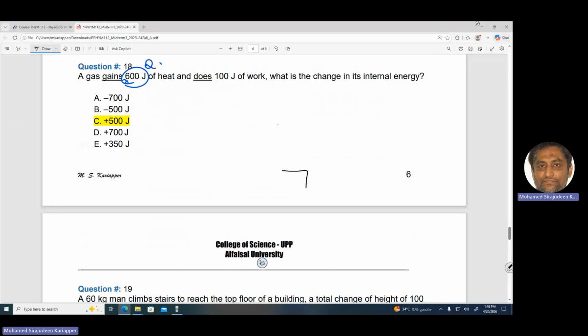And the gas does 100 joule of work. What is delta U? That's the question. Delta U is Q plus W. Q is positive, and W is equal to minus 100.